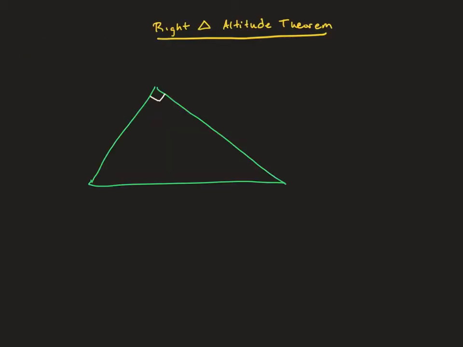So again, we have a right triangle, and of course the interior angle, we have a right angle, which is 90 degrees, and then we know the other two angles added together will be 90 degrees. And again, we have our hypotenuse, the side opposite of the right angle. Then we have our legs.